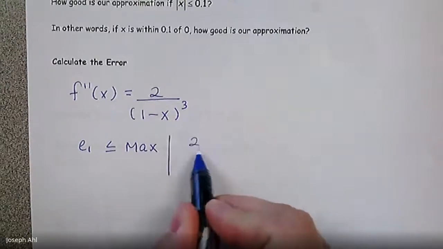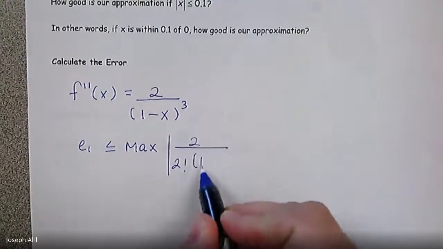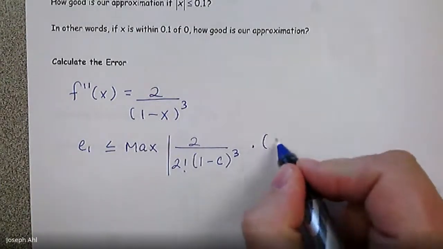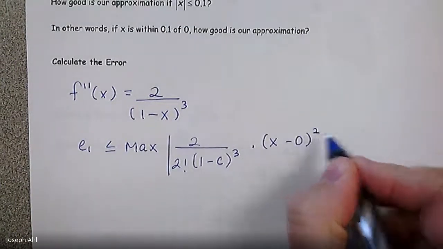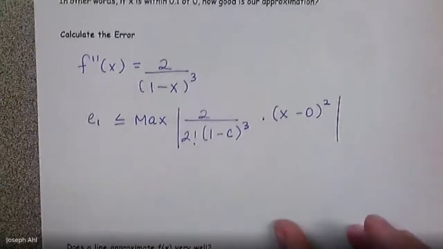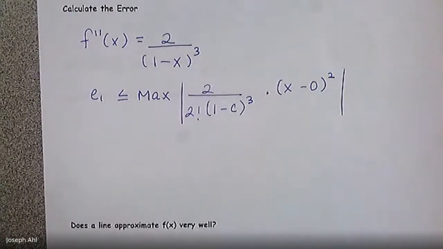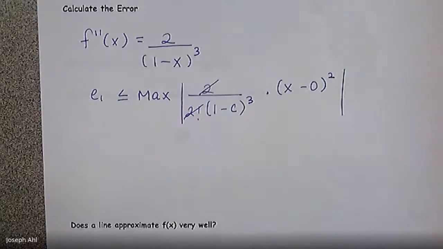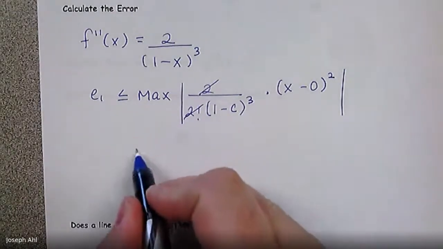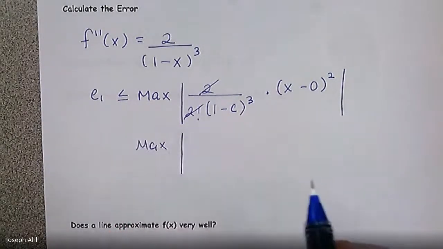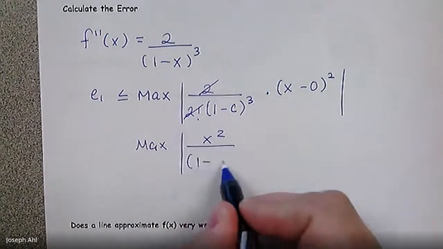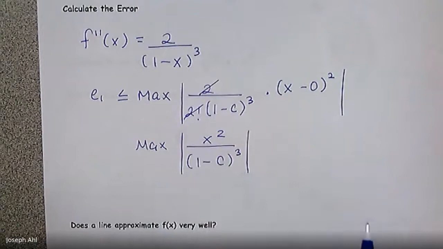So it's going to be 2 over 2 factorial, and then we'll just replace this with 1 minus c cubed times x minus a squared, which is x minus 0 squared in this case. If I clean this up a little bit, 2 and 2 factorial cancel out because 2 factorial is just 2. So we're looking at maximizing the relationship x squared over 1 minus c cubed.